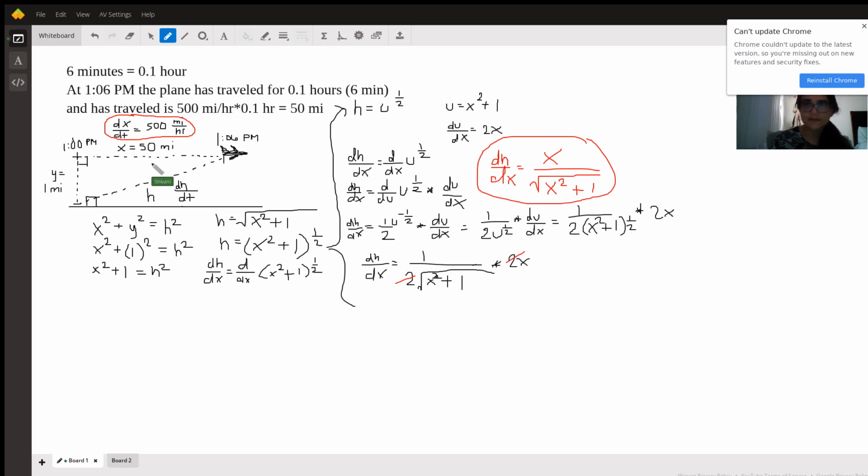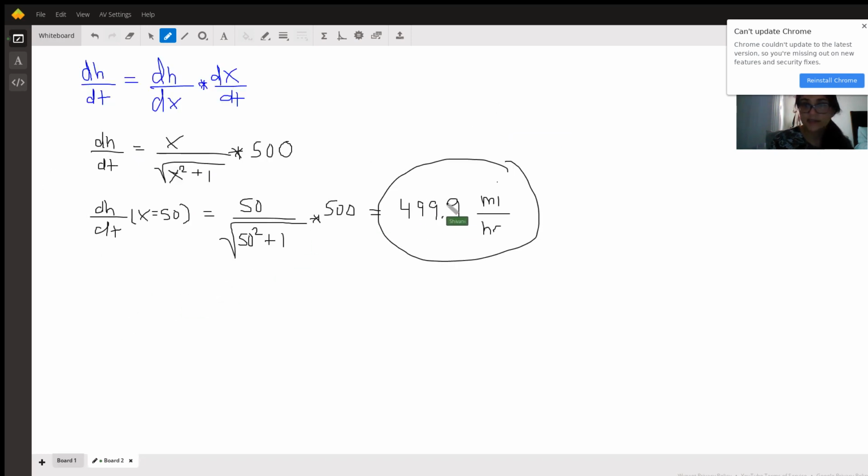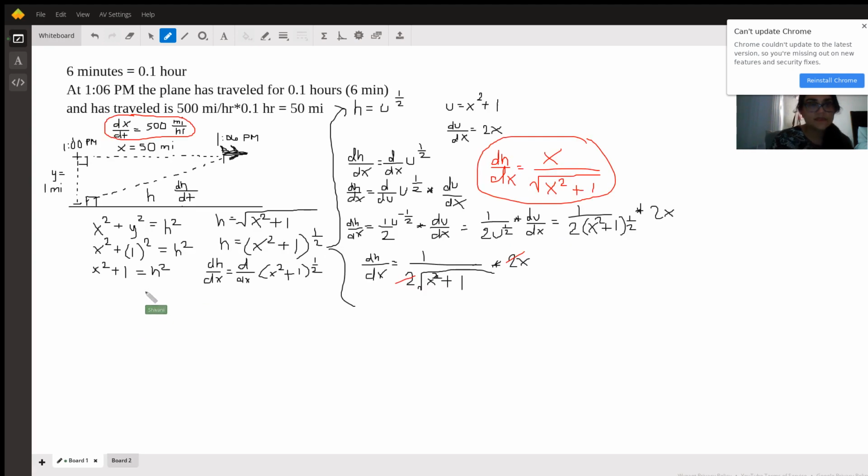It's going at 500 miles an hour, and it covers 50 miles in just 6 minutes. So this hypotenuse distance right here should be pretty close to the speed that the plane is traveling at. And that makes sense with our answer being so close to the actual speed of the plane, since this distance is so small compared to the speed of the plane.